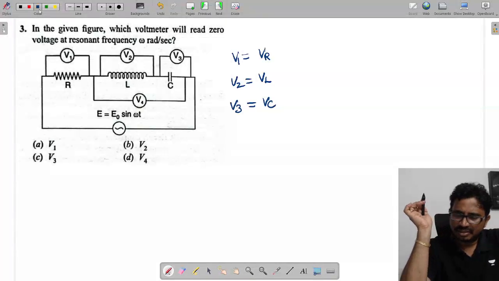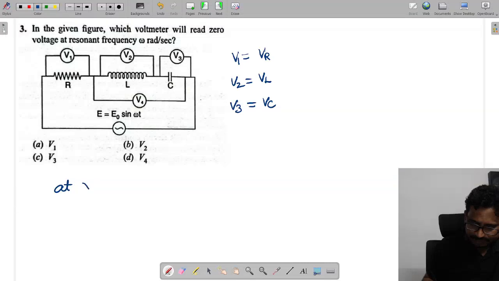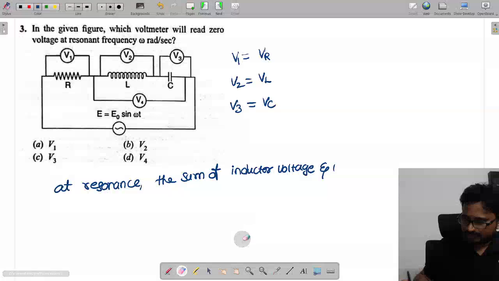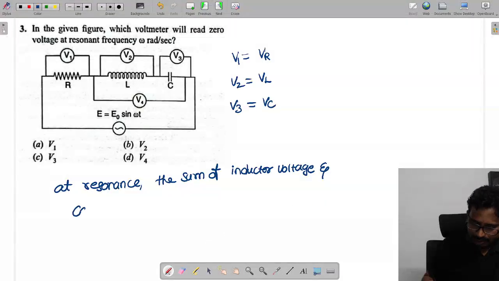At resonance, the sum of the inductor voltage and the capacitor voltage is 0.